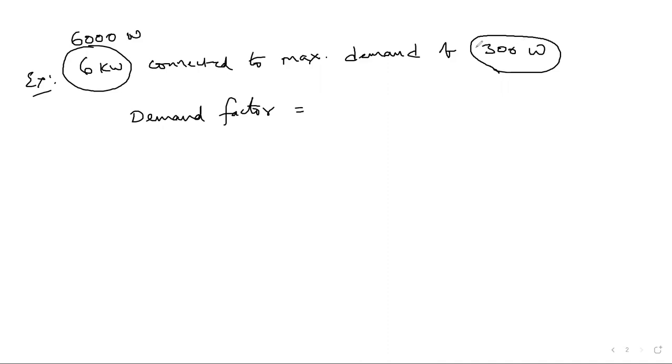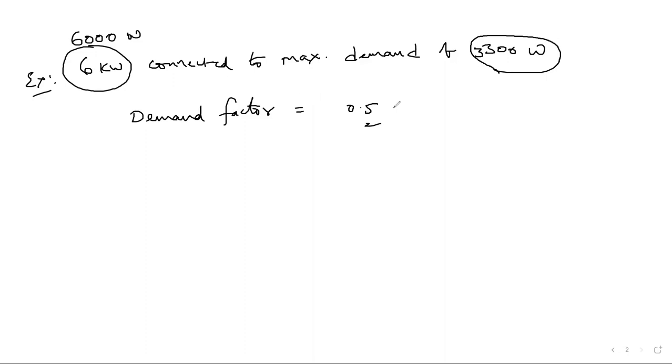Sorry, this is not 300, let us take 3300 or 3000. Around 0.5, sir. Right, it should be around 0.5. Correct.